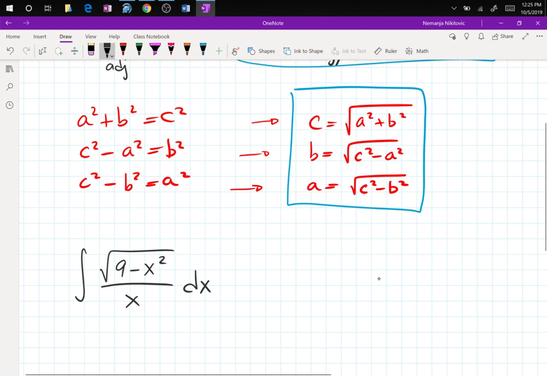So if this was backwards, right, you would be able to use basic u sub. If x was on top and root was on the bottom, all you need actually is just x on the top. If you put x on the top, it's a basic u sub, because you have x squared and then you have x for the du, right?